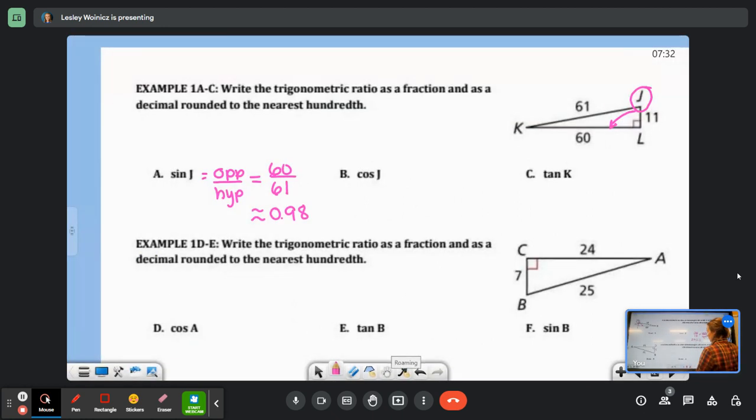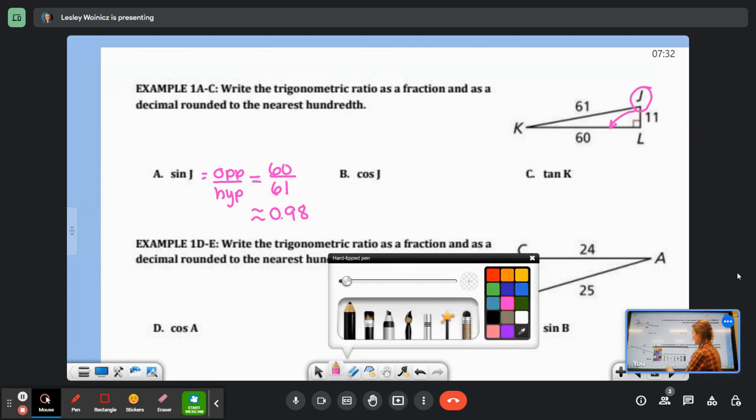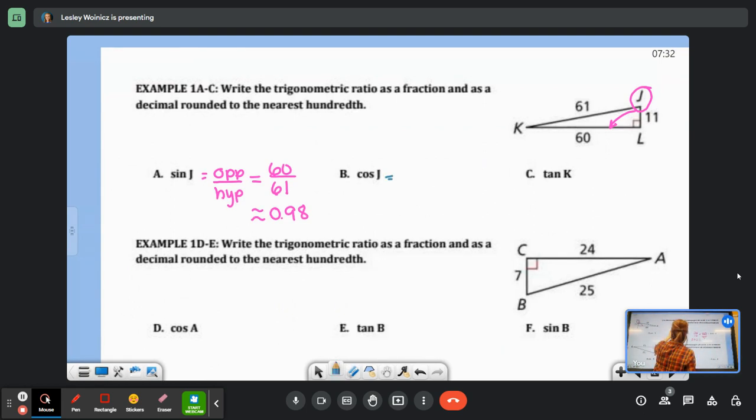Okay, so for the cosine of J, remember, cosine is the adjacent over the hypotenuse. Remember, it's SOHCAHTOA. Find J, same angle.